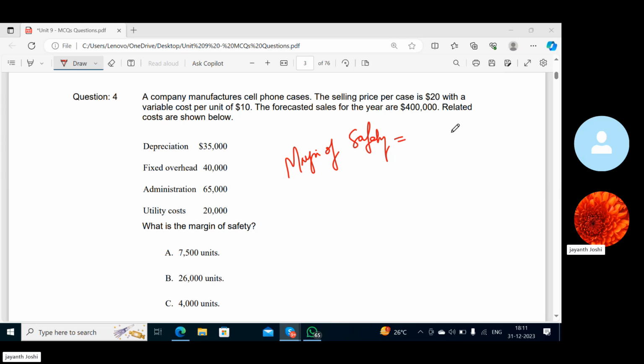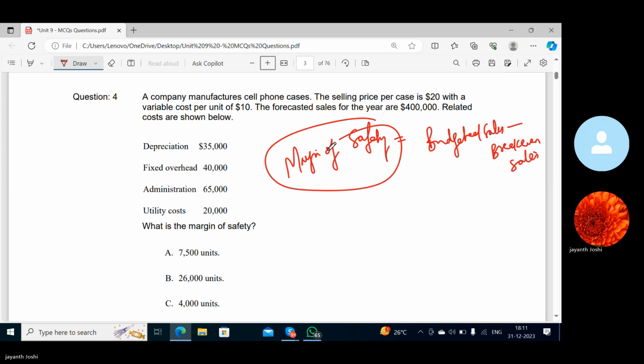So if your budgeted sales are more than your break even sales, you have a margin of safety. Whatever you have budgeted is more than the break even. It is the amount by which sales can decline before losses occur.